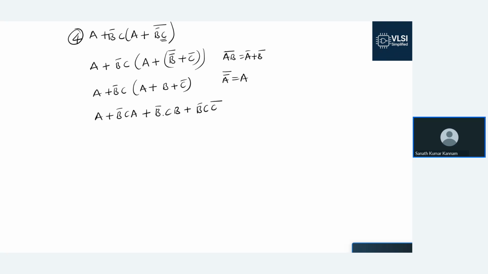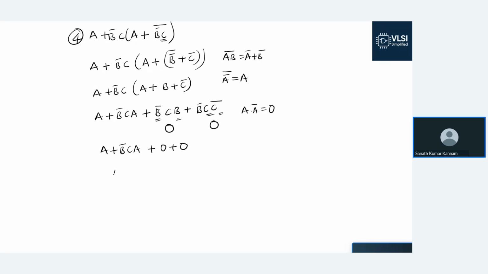Okay. So anyway, these two, so that means this is anyway 0, and due to these two, this is anyway 0. Why? Because you know that from AND law, A and A bar equal to 0. Okay. So that means A or B bar C A or 0 or 0. Okay.